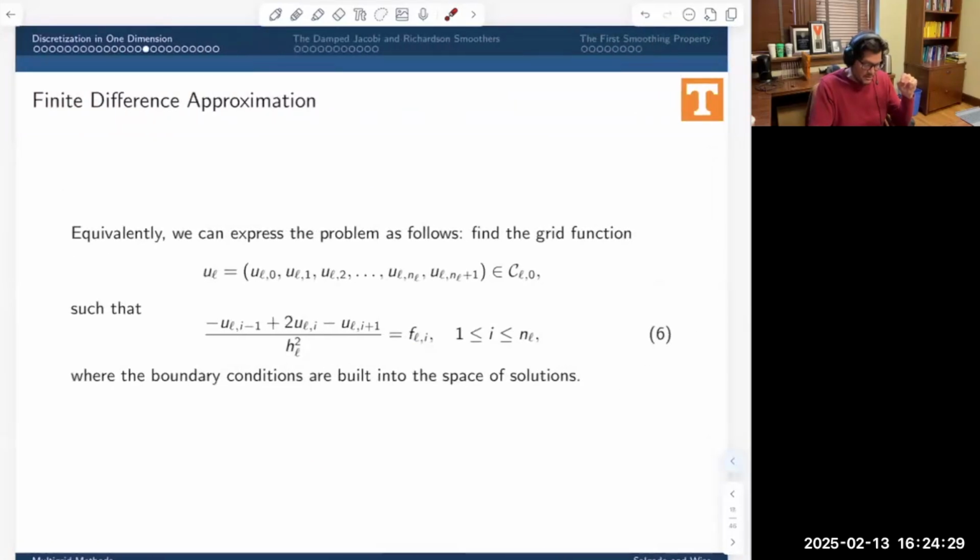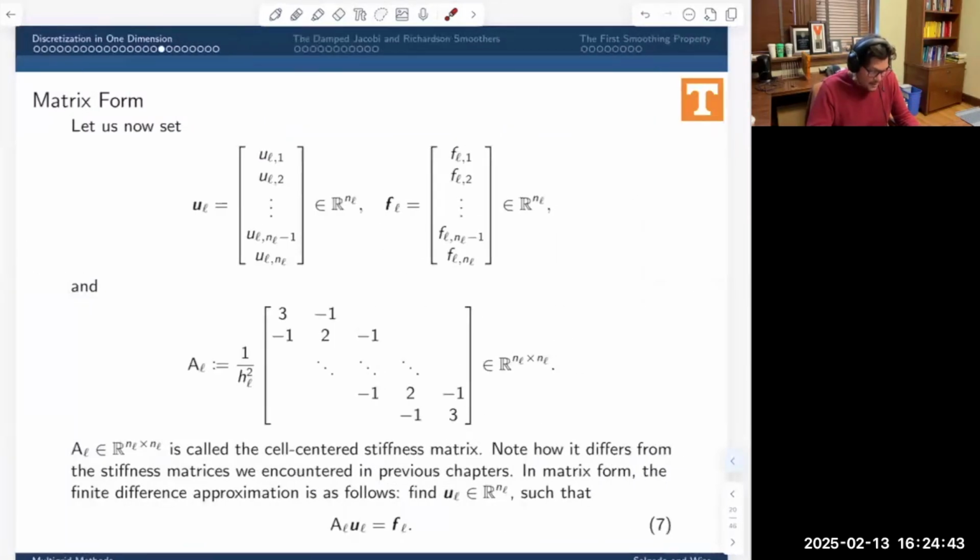So we can turn it into something which looks like this. And so you can write out pretty quickly N_L equations in N_L unknowns by eliminating the values of those two ghost cells. What you get then is a set of N_L equations and N_L unknowns that can be turned into a matrix vector equation.